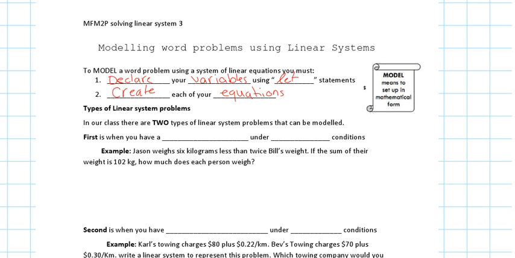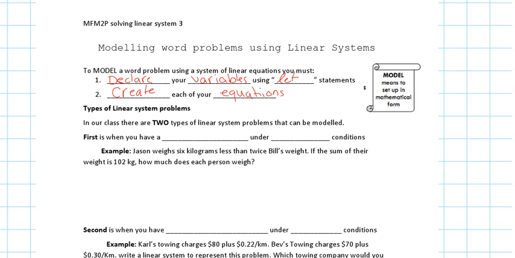How many equations do we have for each question? 1, 2, 3, how many? How many lines are you graphing? 2. So there's 2 equations, right? So this is what usually in the word problem, you're going to usually have 2 equations that you're going to create depending on what that word problem states.